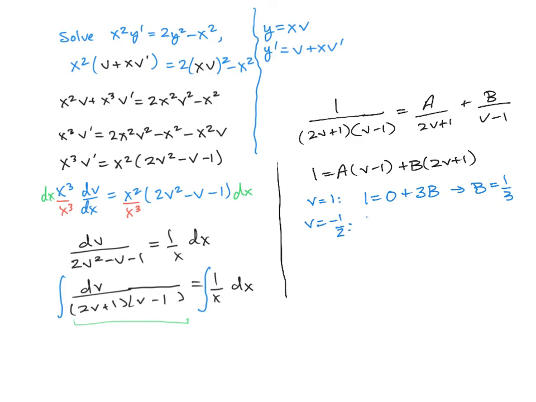If we substitute in, we still have 1 over here, then we've got A times negative 1/2 minus 1 plus 0. So 1 is equal to negative 3/2 A, and that's going to make A equal to negative 2/3. So we're going to have those two coefficients for our partial fractions, and in the next video, we'll go in and actually do the integration and solve the problem.